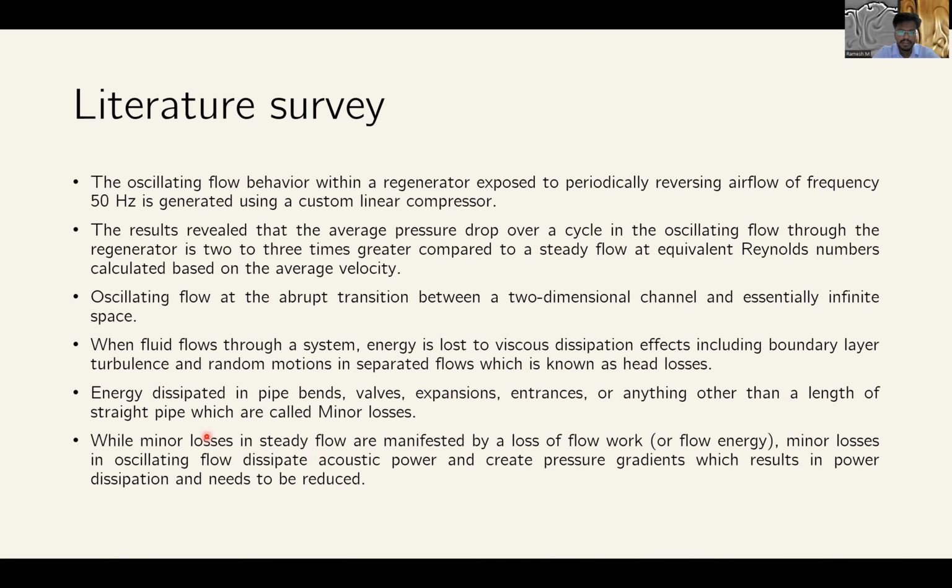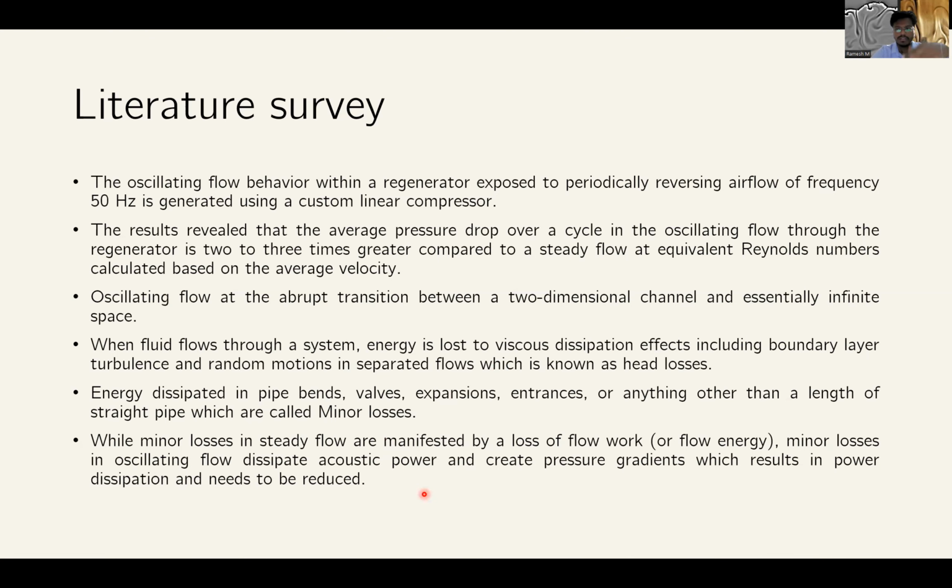Even though there are some data on head losses, there are very few data on minor losses, and he found that these minor losses in the oscillating flow dissipate acoustic power and create pressure gradients, which will result in power dissipation.